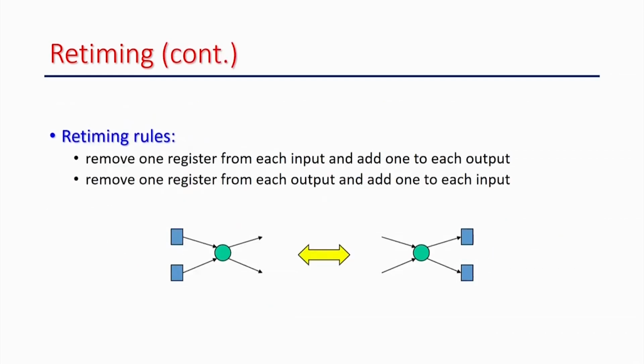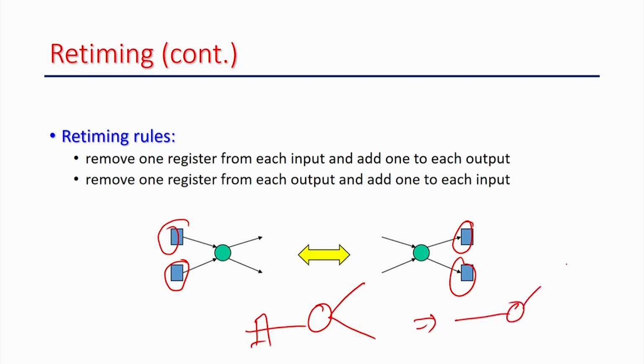Okay. So, as I mentioned, the retiming rule is something like this. If you have registers at both the inputs, then only I can move them to the output, and if I move to the output, it will move to both the outputs. Similarly, if there are two fan-outs and only one register here, I cannot move it to here, because the other path does not have a register.